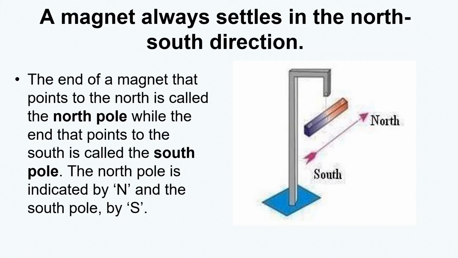Let us understand a few properties of the magnet in detail. A magnet always settles in the north-south direction.